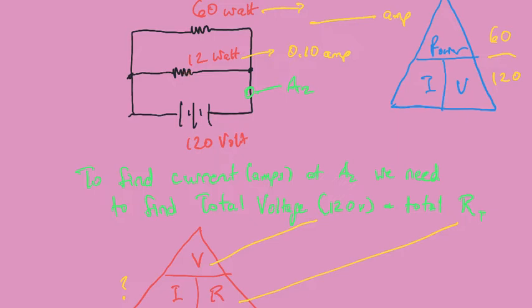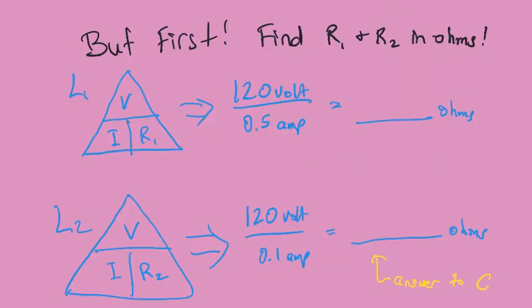And then they're in parallel. Do you see that? One's right above the other. They're running parallel. It's not a series circuit. So we have to use that formula 1 over R equals 1 over R1 plus 1 over R2. So now we need to find R1 and R2 in ohms.